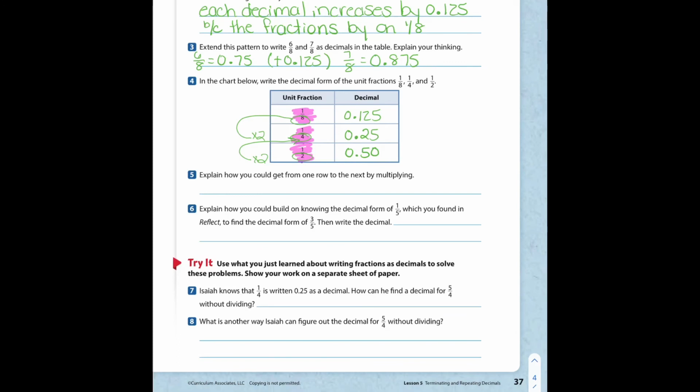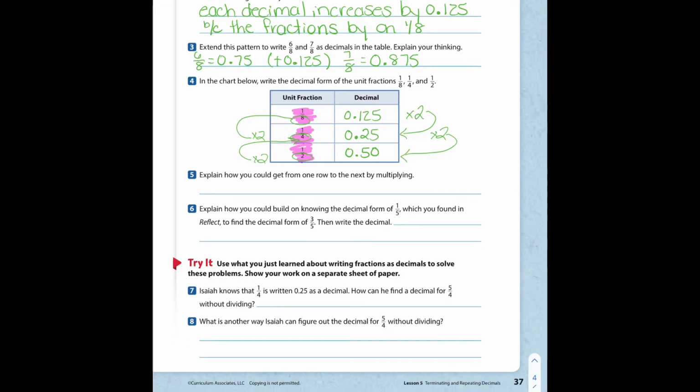So when we look at our decimal, we can see that same pattern. 0.125 times 2 is 0.25. And 0.25 times 2 is 0.5.